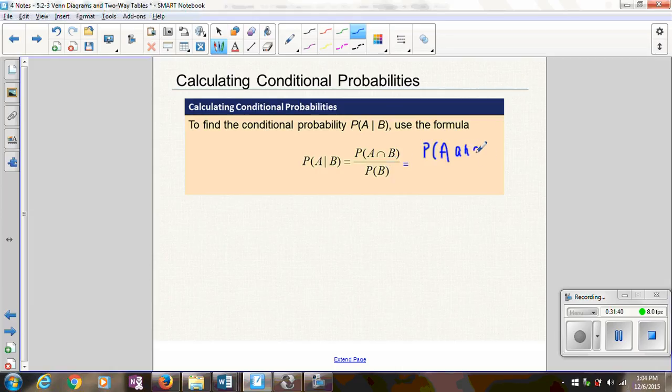So it's the probability of both occurring given that event B has occurred. So it's the probability of both divided by the probability of B.